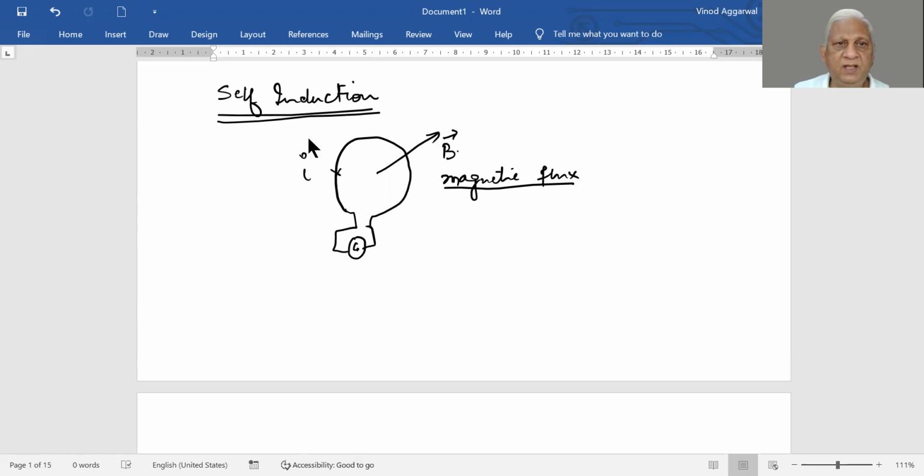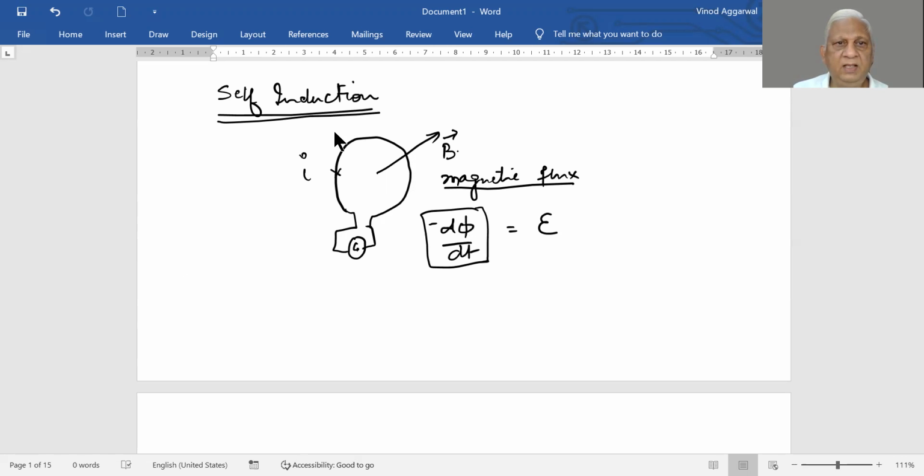Now, what if I is changed? If I is changed, B will change. If B changes, magnetic flux will change. So we have a case of dφ/dt, changing magnetic flux. We have already seen that if you have a case of changing magnetic flux, an EMF is generated.